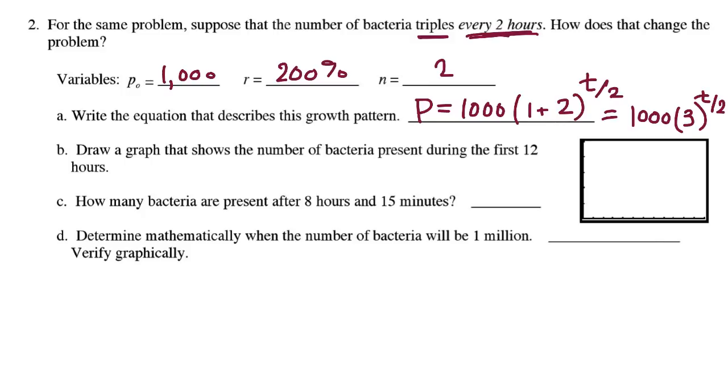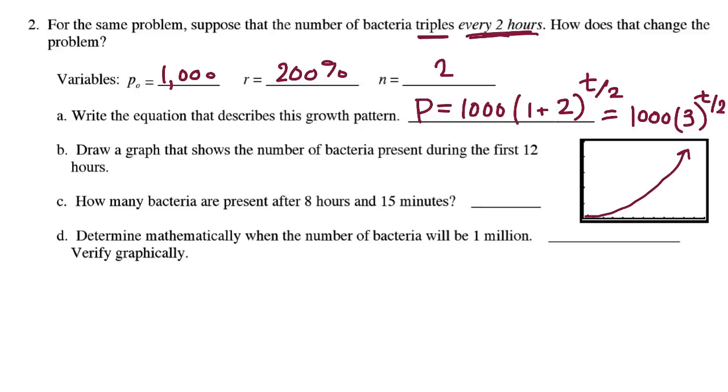Now we want to draw a graph that shows the bacteria present. And again, this is growth. So this time it's going to be starting out a bit slower and growing. It's going to look very similar to the same. We're not real interested in the graph of it, so to speak.